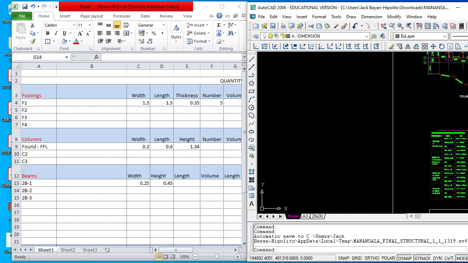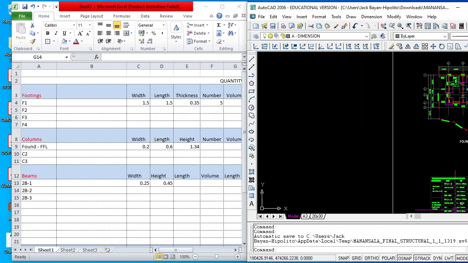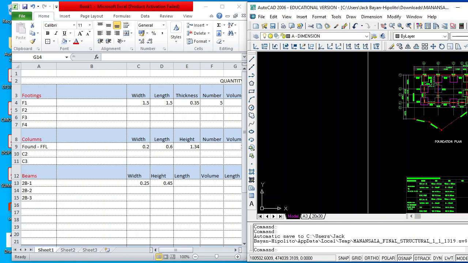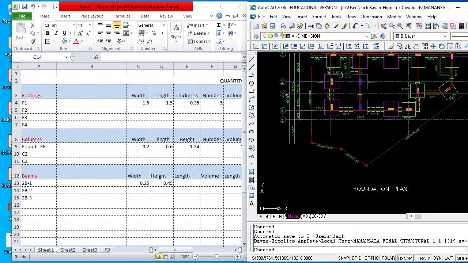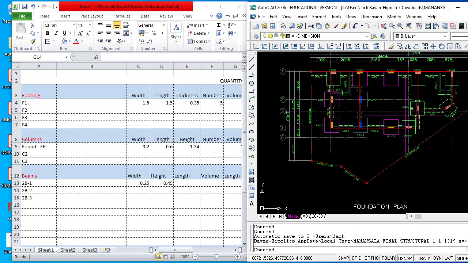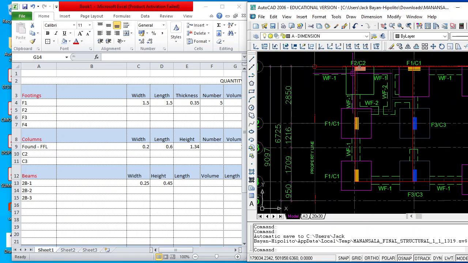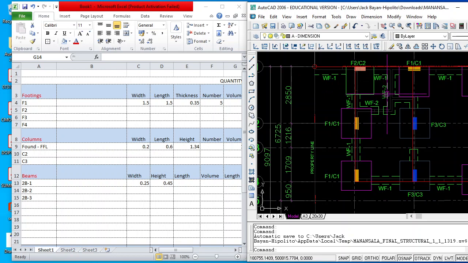Now, what will be considered as your floor plan for your foundation? So, your foundation plan, you are given the following. WF, you have the footing, so may WF2. Okay?